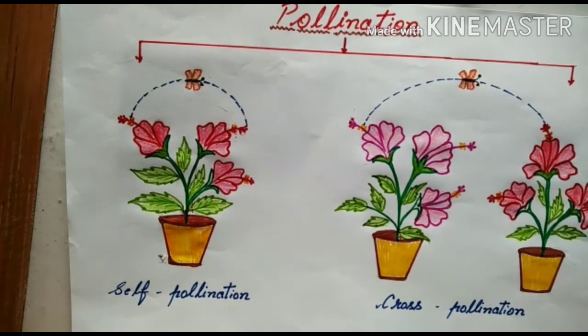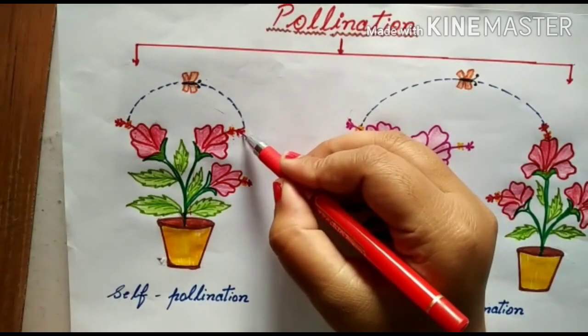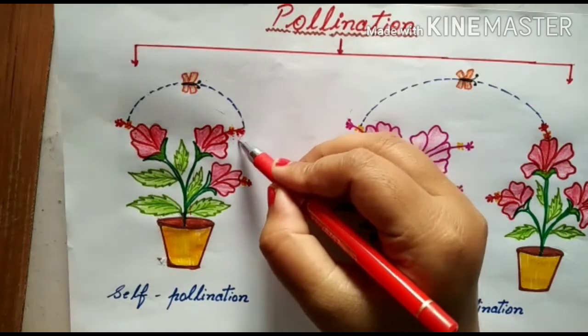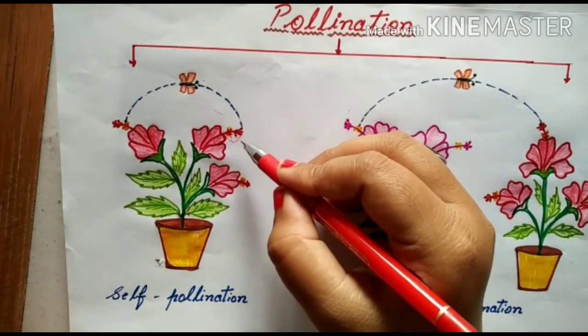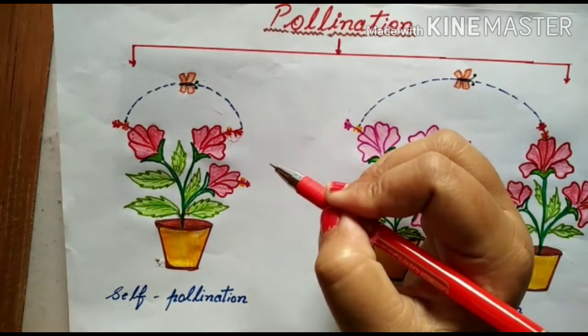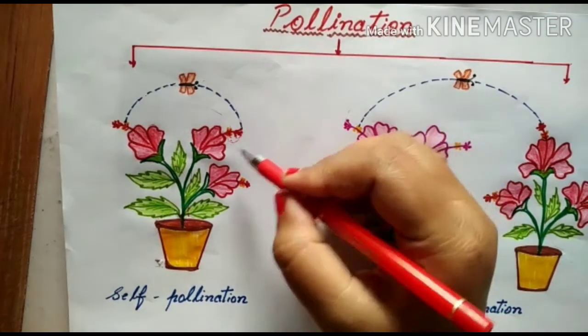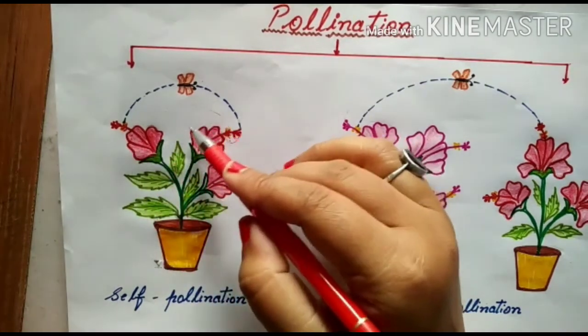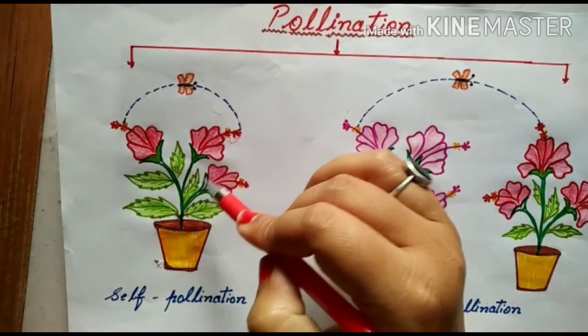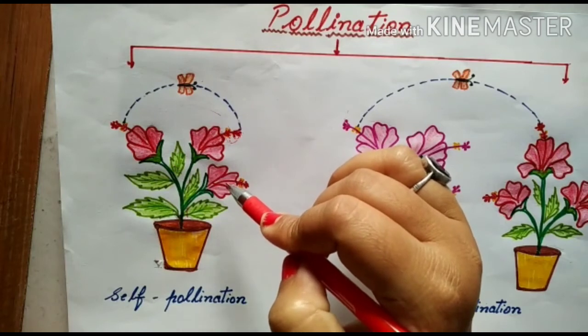Or if the transfer of pollen grains occurs from anther to the stigma of the same flower, it is also known as self-pollination. Means either it occurs in the same flower or in two flowers of the same plant, it is known as self-pollination.